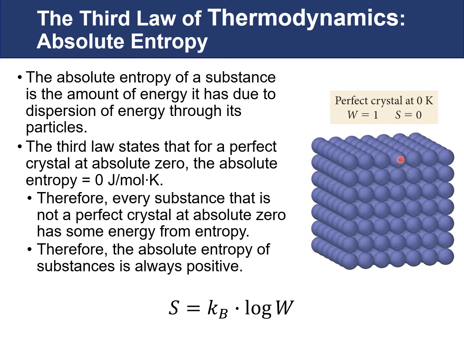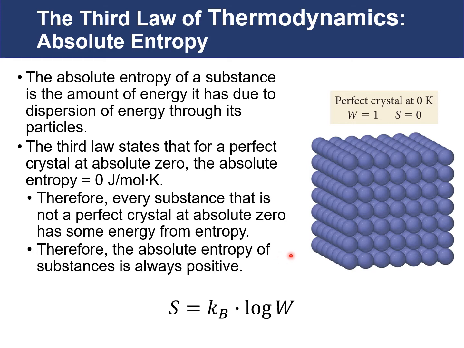If one of your atoms is out of place, it does require a bit of energy to move the atom out of place. And so your crystal substance will have a single atom out of place, and so it will have some entropy. It has more than one way of arranging itself. Therefore, the absolute entropy of a substance is always going to be positive.